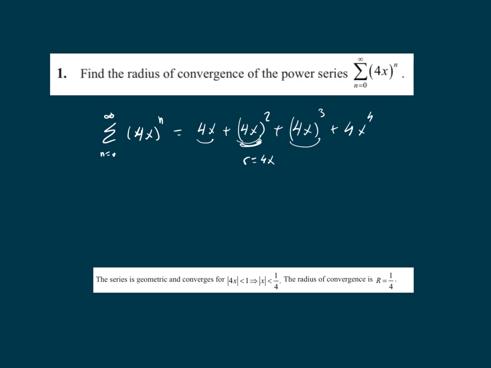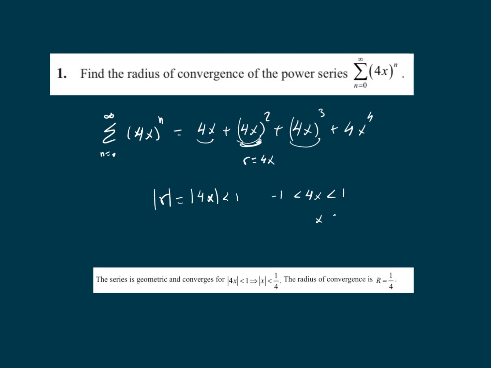And when does a geometric series converge? A geometric series converges when the absolute value of r, here 4x, is less than 1. And if the absolute value of 4x is less than 1, it is because 4x is less than 1 and bigger than minus 1.